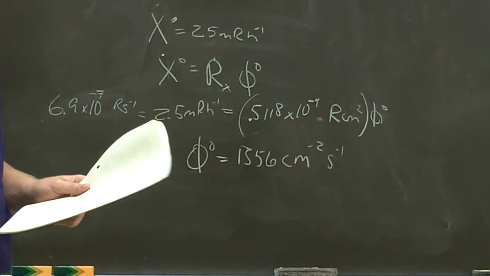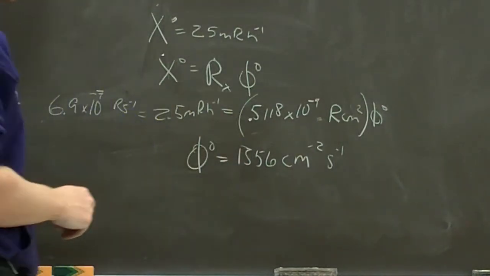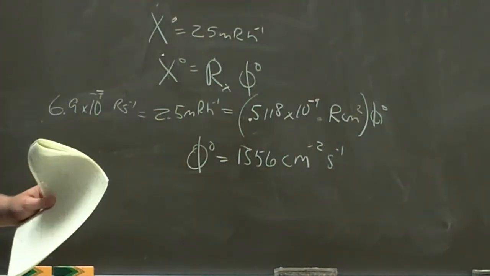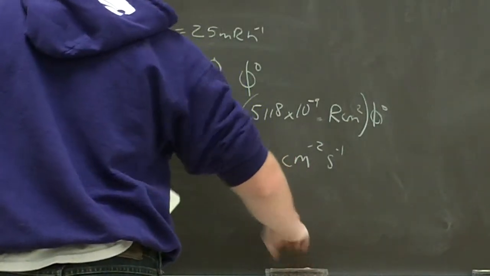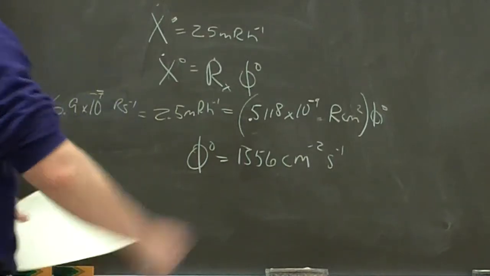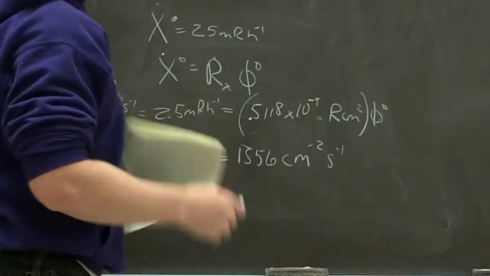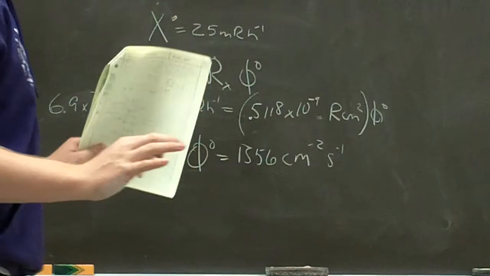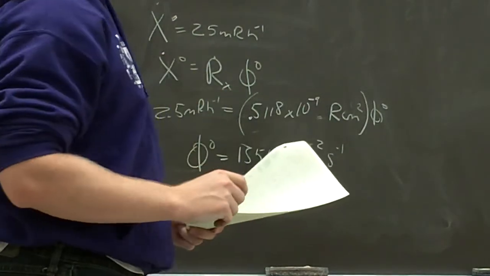Yeah, 1356, so this is the maximum value for our flux. If you use 6.944, you get that, so this is about right, order of magnitude. That's how you grade our homework, right? If the process is correct and the answer's wrong, you miss like 1 point, and just say process right, answer wrong.